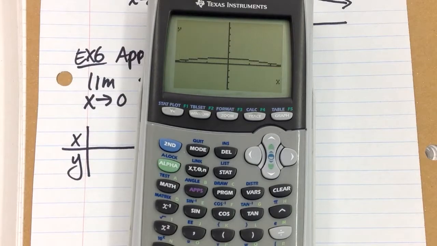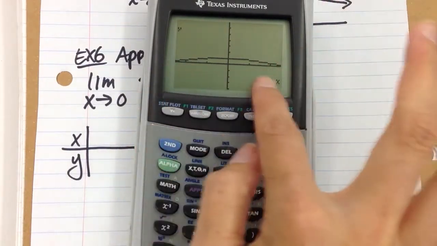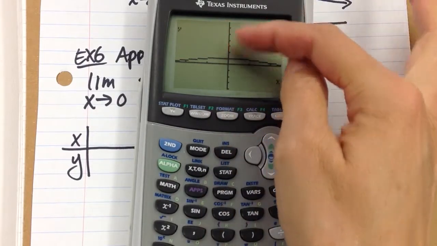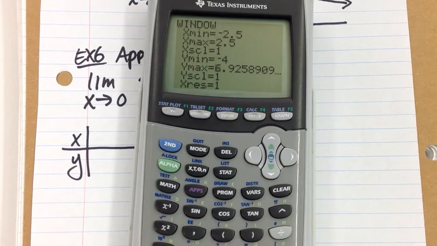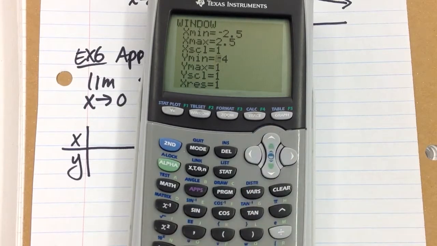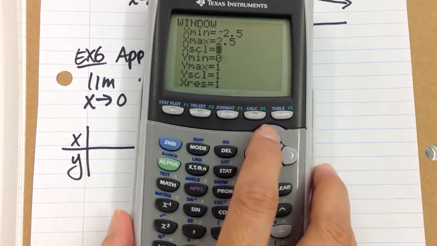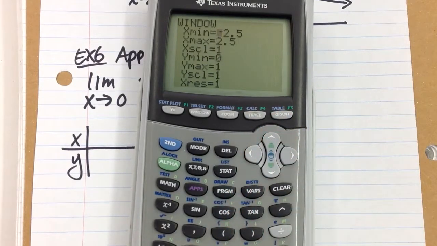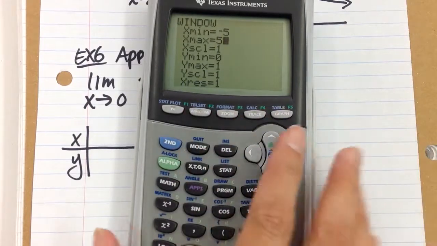And it's supposed to be more of a curve. So let me zoom in a little bit. Let me get rid of these negatives. I don't need that negative. And it looks like it's only going to 1, so let's fix our window to -1 and 0 for my y's. Let's change that x to at least -5 and +5 to get a wider view.